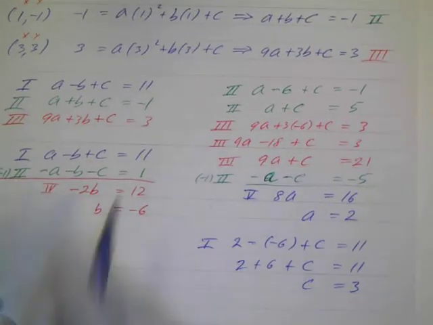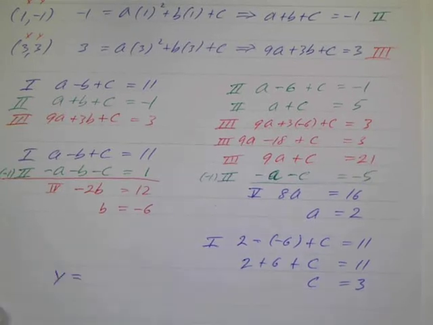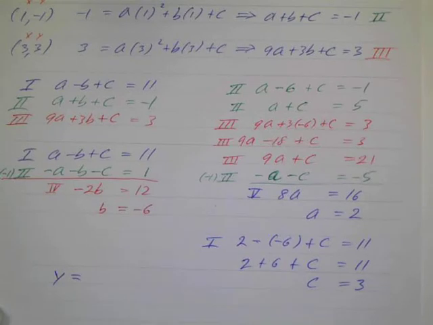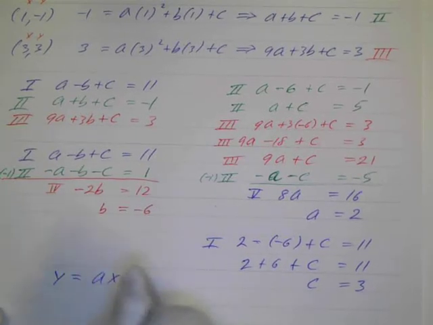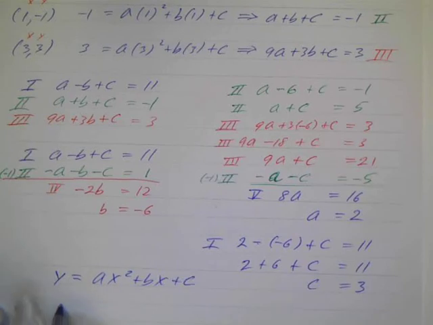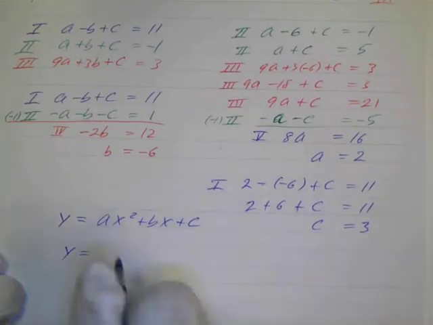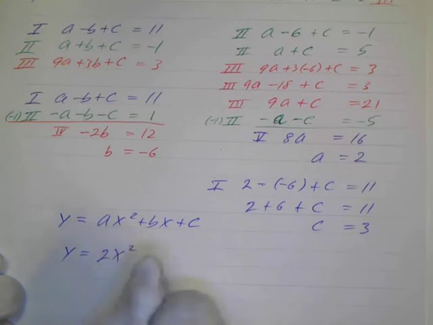And then we go back and put this in the standard form. Y equals, or f of x, whatever your pleasure is here. Y equals ax squared plus bx plus c. So in this case, y will equal, and a is what? 2. So it's going to be 2x squared. Oh, plus b is negative.